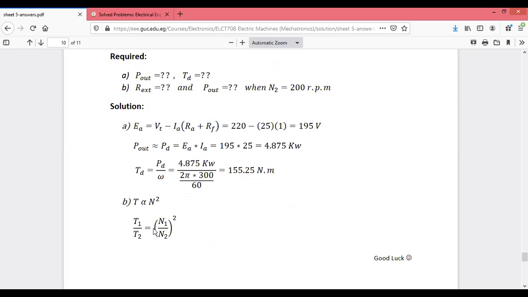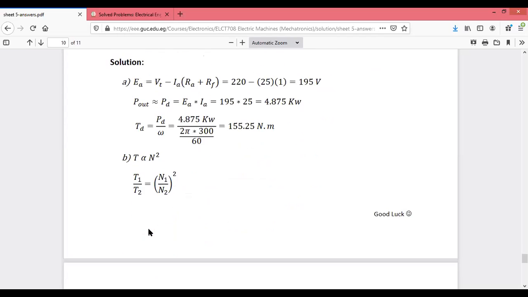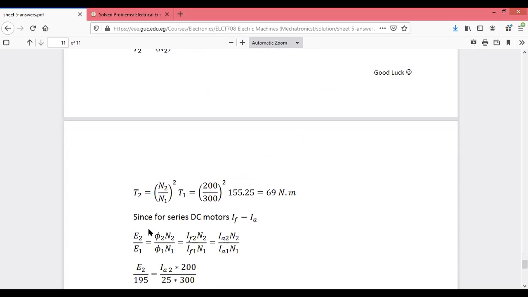Directly proportional, so you can give an equality sign here. Here, you can write it in the form of torque T2 because you are supposed to find the value for T2. And they have given that we are decreasing from 300 to 200, so you can take 200 here. And N1 they have given as 300. And we can take T1 as 155.25.